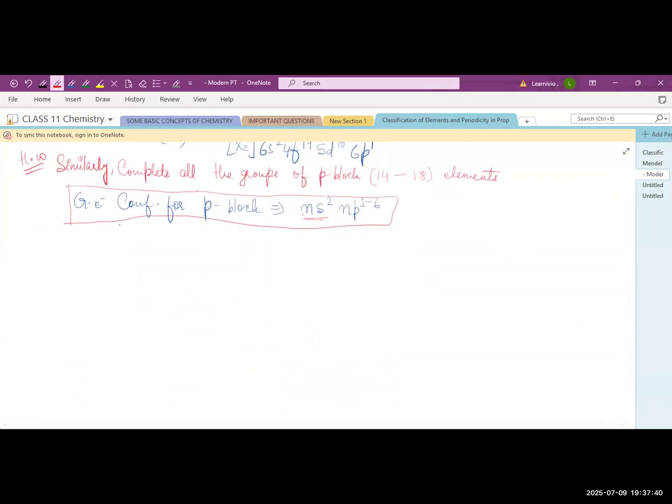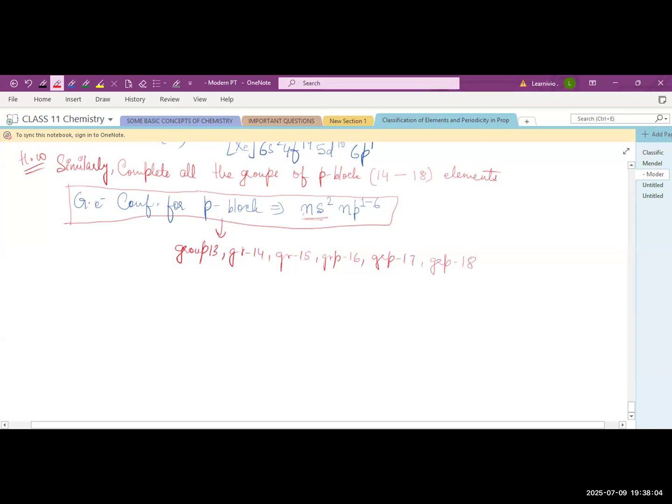Okay. I said that the general electronic configuration for P block elements is ns2 np1 to 6. So P block elements, we know that it's group 13, group 14, group 15, group 16, group 17 and group 18.